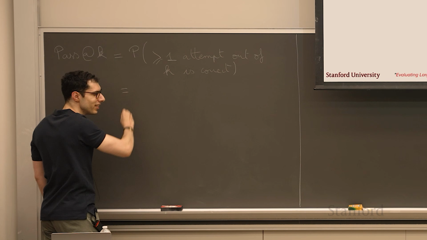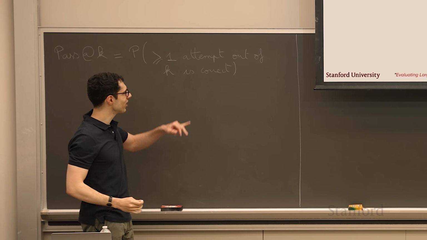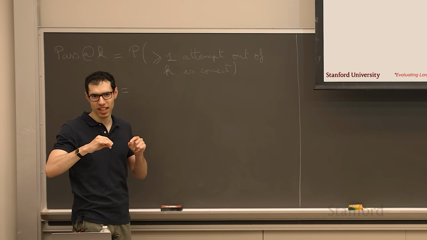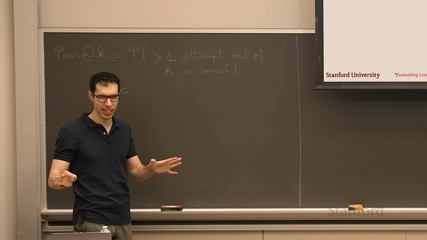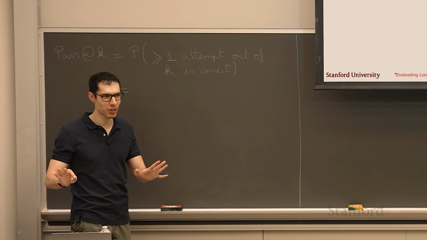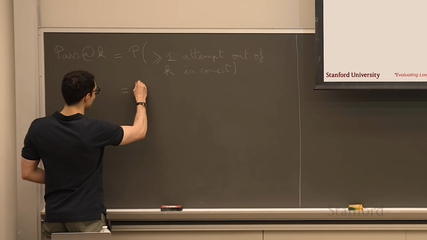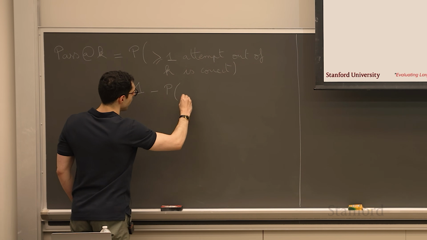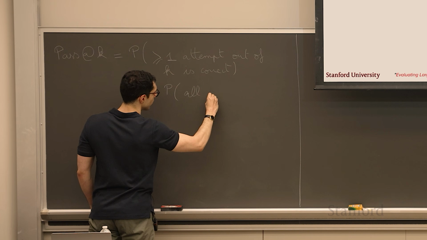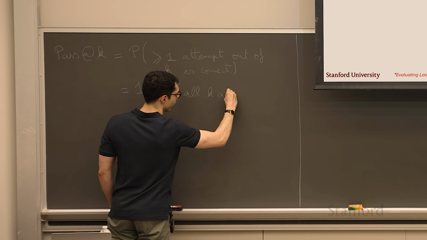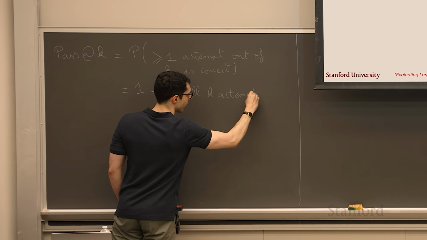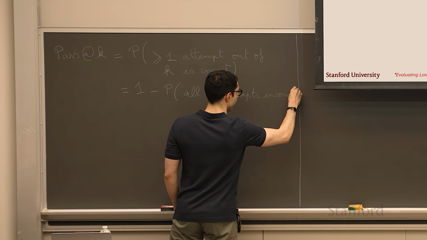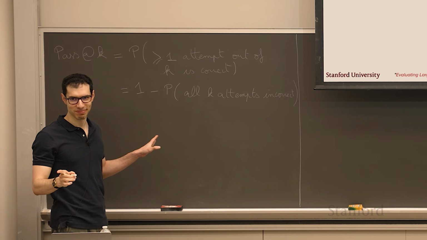If you've done some probability, there is a very common trick, which is if you have a probability of at least 1, it's 1 minus the probability of having all of them being incorrect. Do you all know that trick? OK, so we're going to use that trick. So it's going to be 1 minus the probability of having all k attempts incorrect. So far, so good? Yeah?